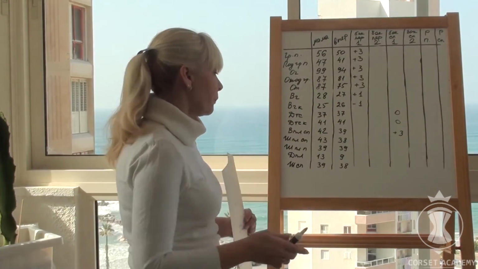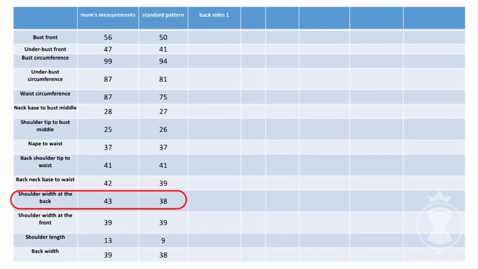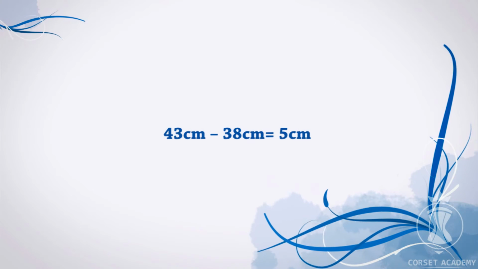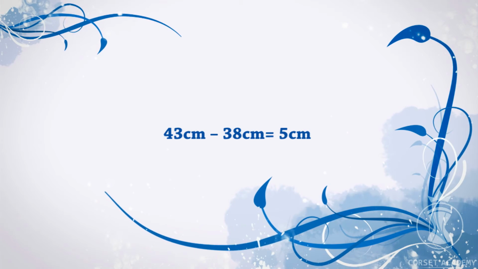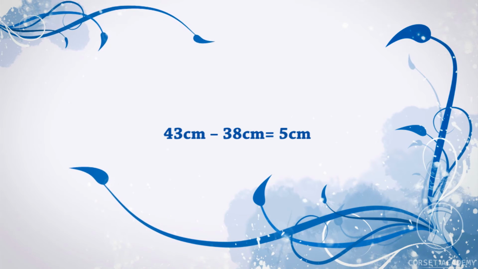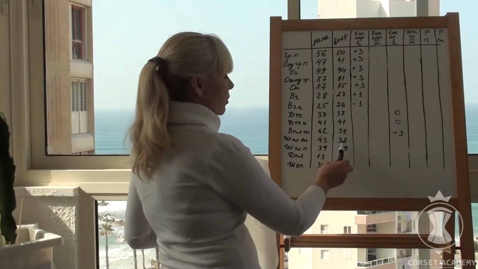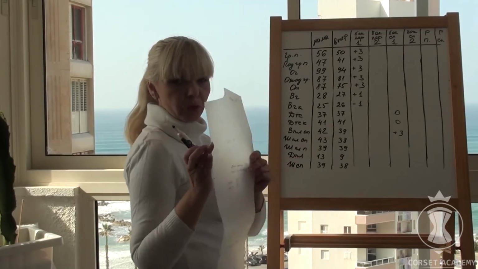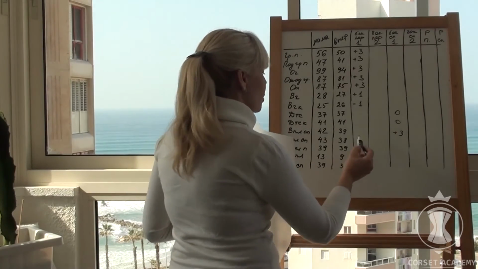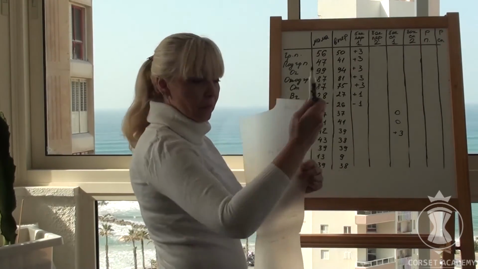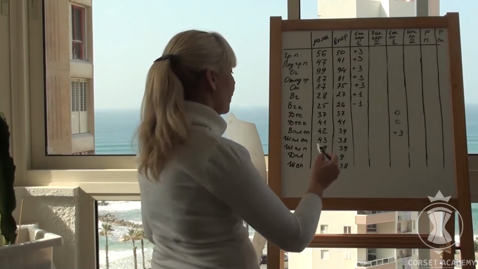Shoulder width at the back, 43 centimeters on the client and 38 centimeters on the pattern. 43 centimeters minus 38 centimeters equals 5 centimeters. There is a 5 centimeter difference between my client's shoulder width at the back and the same measurement on the pattern. I divide the value in 2.